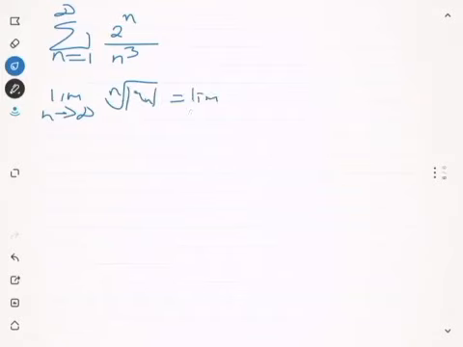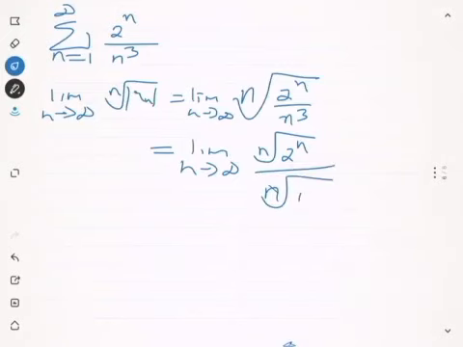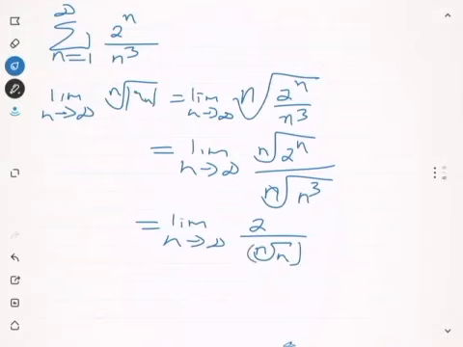This will be the limit as n approaches infinity of the nth root of 2 to the n divided by n cubed. And then this is the limit of the nth root of 2 to the n divided by the nth root of n cubed, and this is equal to the limit as n approaches infinity of 2 divided by the nth root of n cubed, like that.